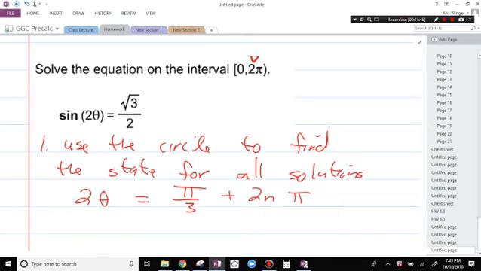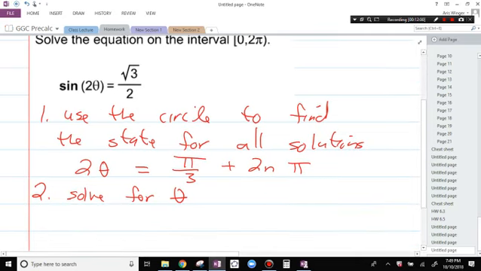Taking questions on that. Straight from the circle. I'm looking for theta though, right? So I divide everything by 2 and solve for theta. Theta equals pi over 6 plus n pi.